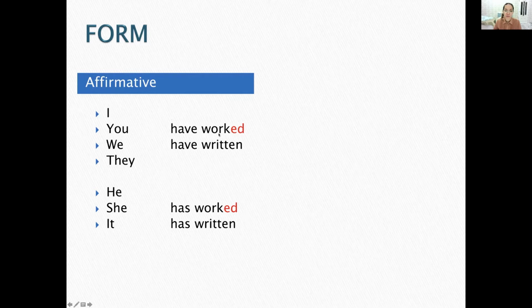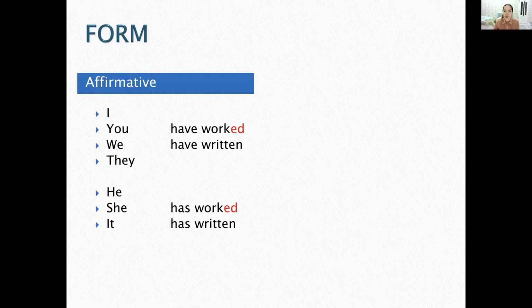But here we see that in the word work we add ed at the end of the word, so it is a past participle, the third form of the verb. You know that verbs can be regular or irregular. If we have a regular verb, we add just ed, yeah?